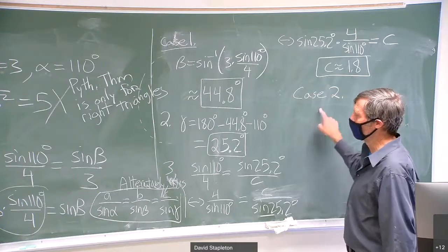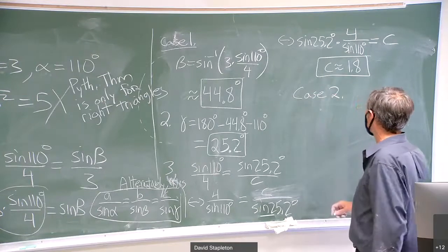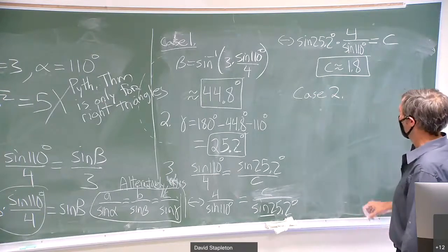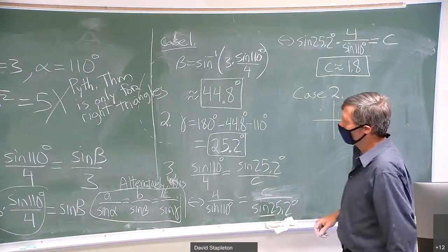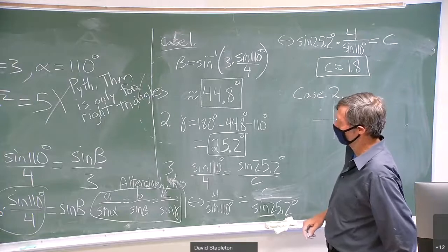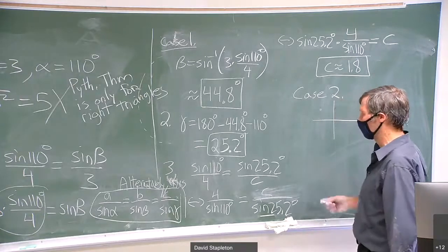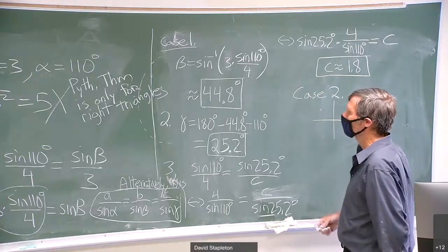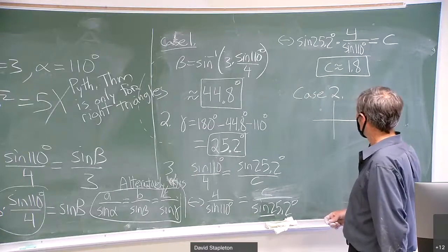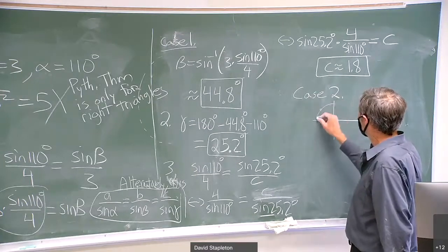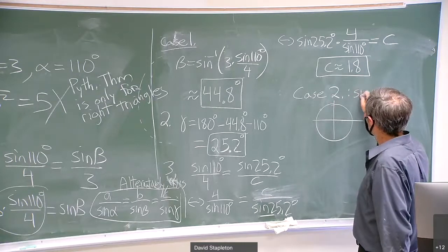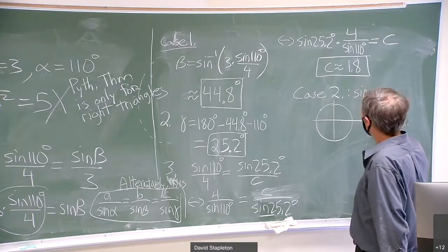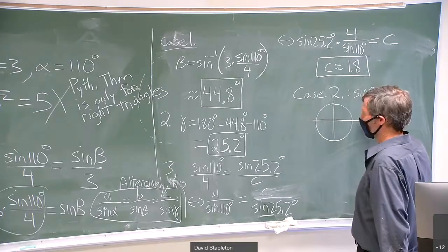Here's what always happens in the second case. What you always wind up with in the law of sines is the sine of an angle equals a number. So sine theta equals some number.